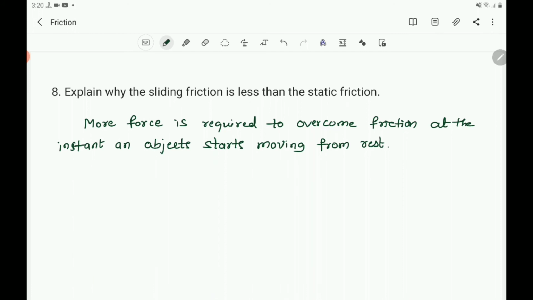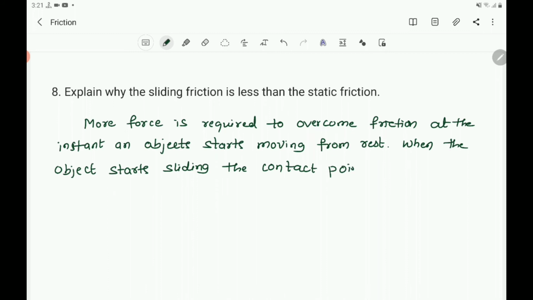When the object starts moving or sliding, the contact points on its surface do not get enough time to lock into the contact points on the floor.